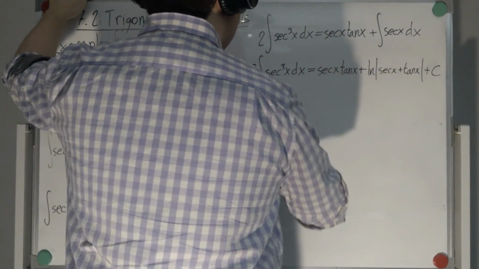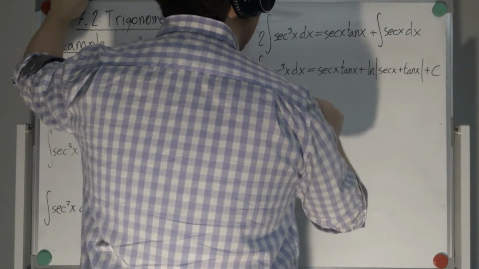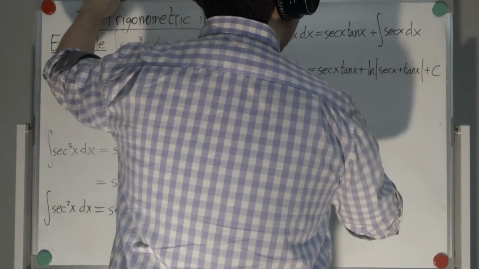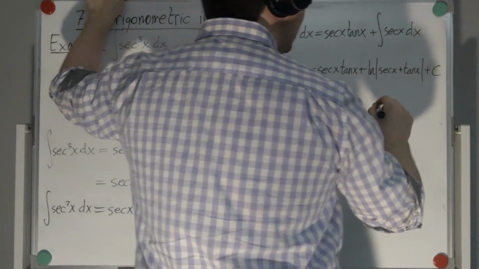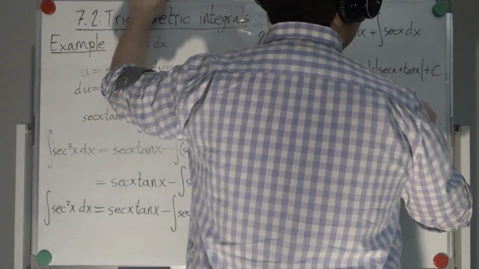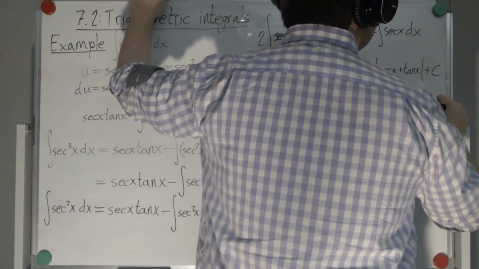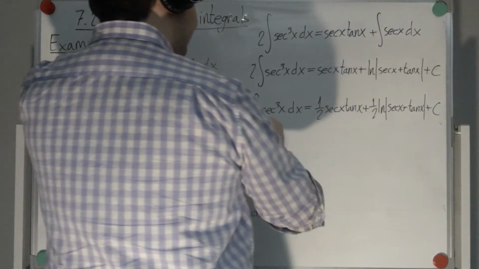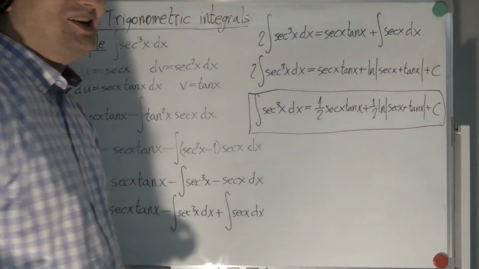So then the integral of secant cubed x dx ends up being 1/2 secant x tangent x plus 1/2 natural log of the absolute value of secant x plus tangent x plus c. And that's it.